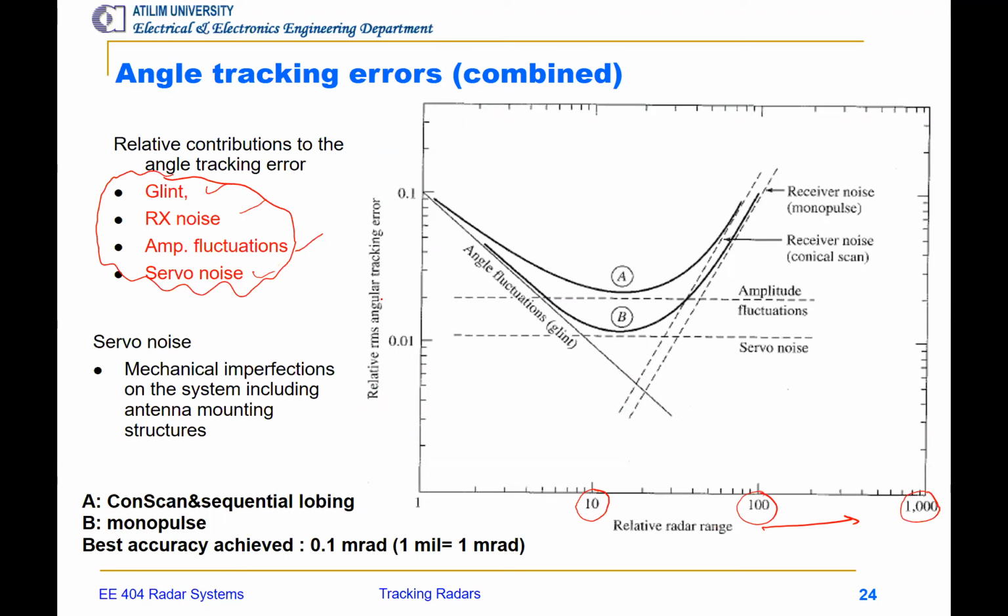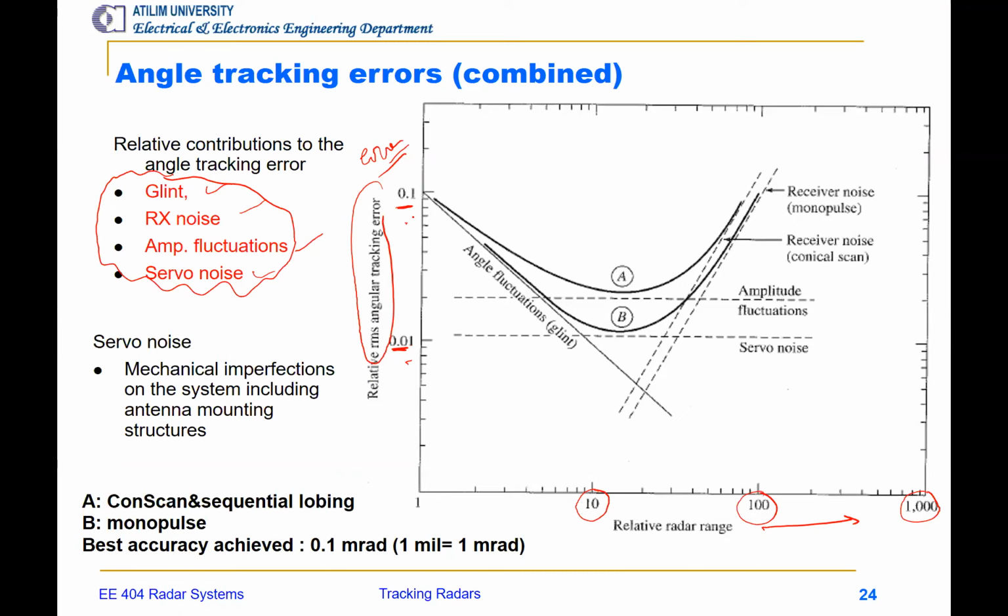On the other axis, we have relative RMS angular error, the RMS error in angle. Again, no unit is given here, from 0.01 to 0.1, so 1% to 10%, you can imagine.